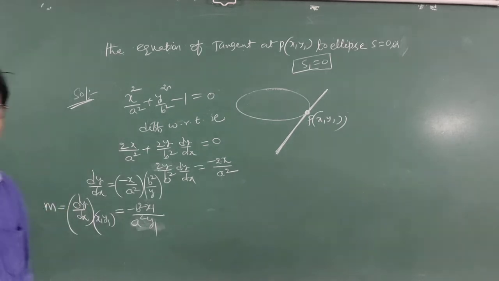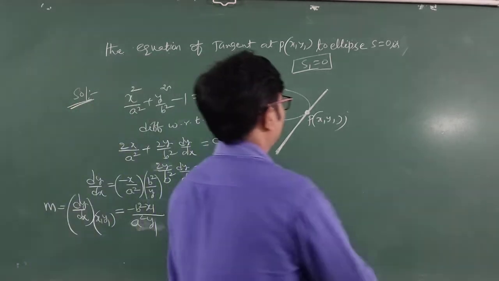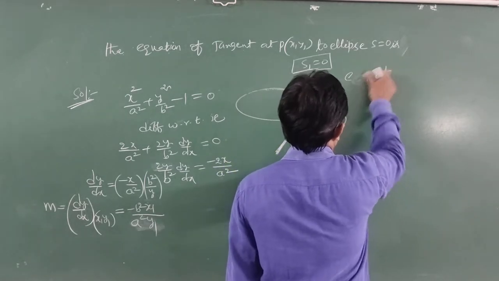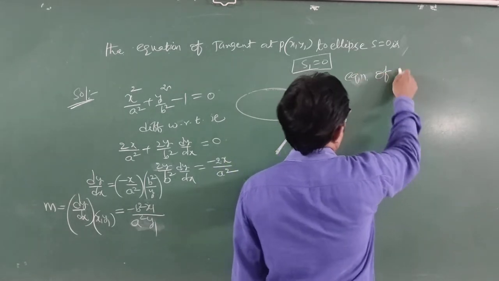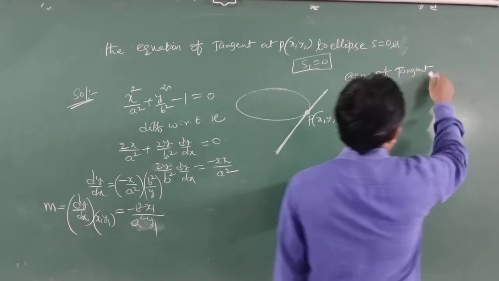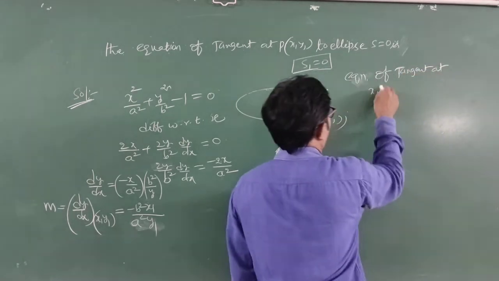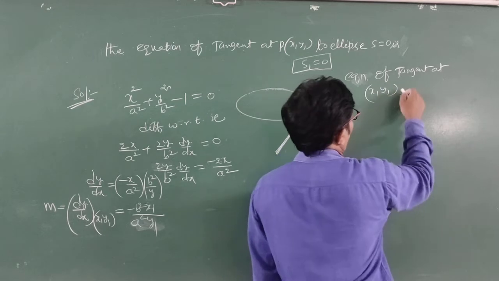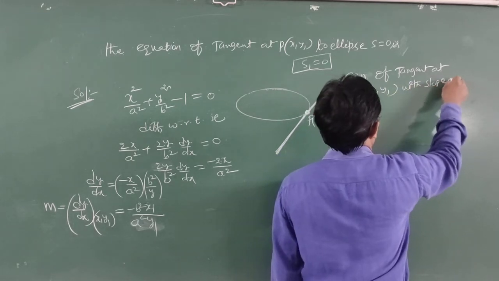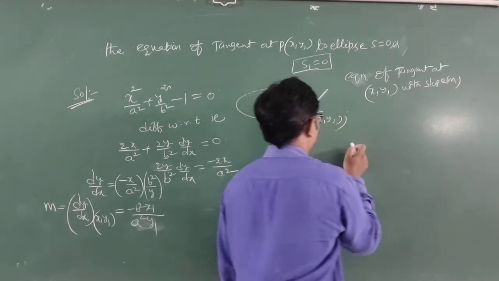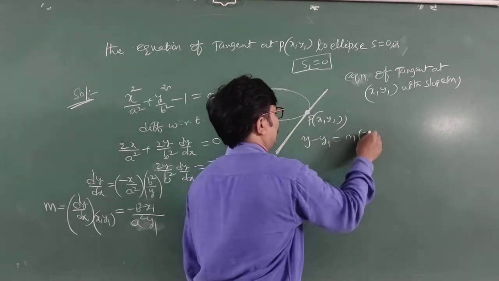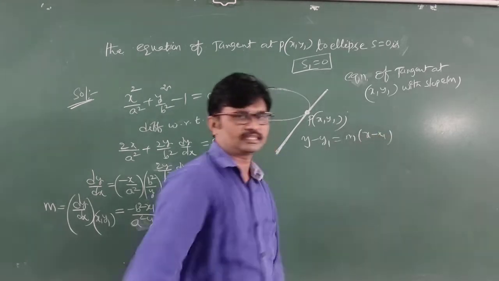This dy by dx at (x1, y1) is nothing but the slope of the tangent. The equation of the tangent at the point (x1, y1) with slope m, we know from first year, is y minus y1 equal to m into x minus x1.